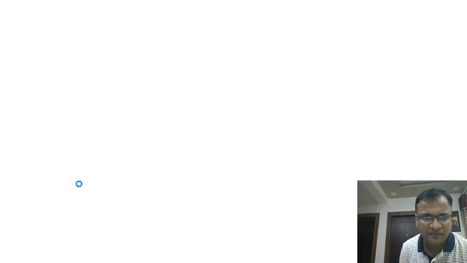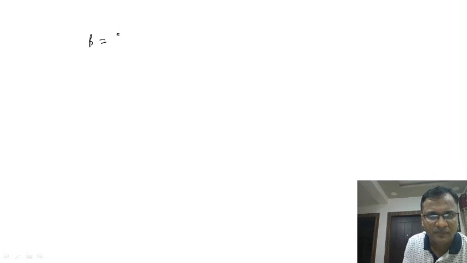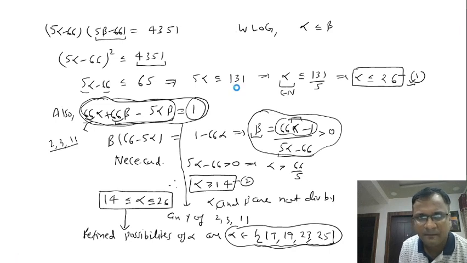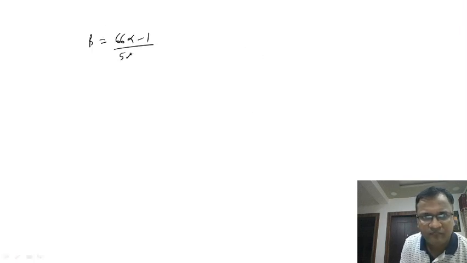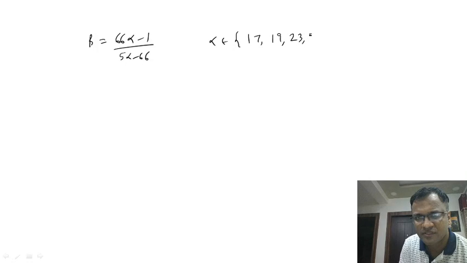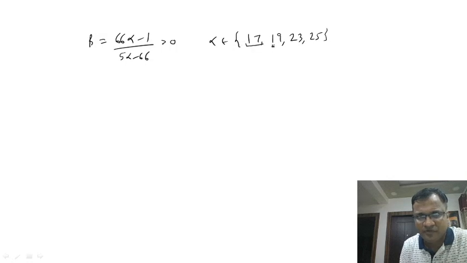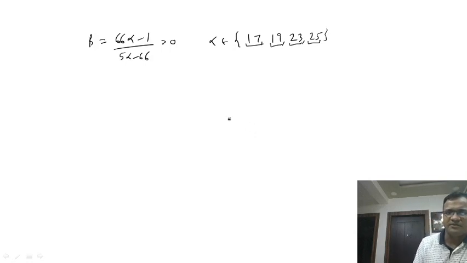Beta is 66 alpha minus 1 divided by 5 alpha minus 66, and the possible values of alpha are 17, 19, 23 and 25. Beta is a positive integer, so we have to check all the values of alpha one by one, and the value of alpha for which beta becomes a positive integer will work.